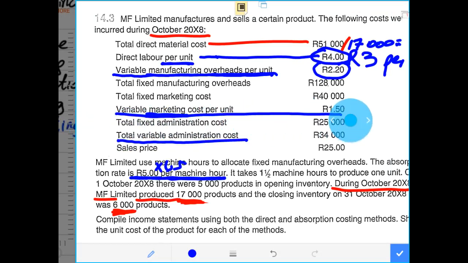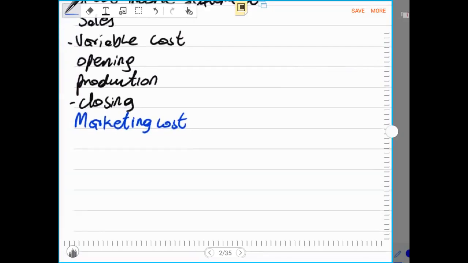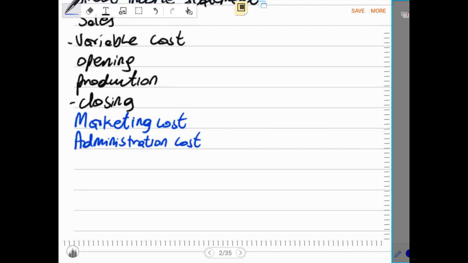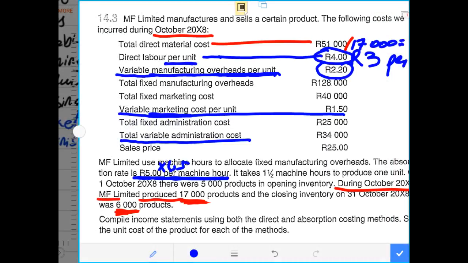Therefore, there was administration cost that was also variable. Then we check if there is any other cost that was variable. No, there was none. This has been captured.